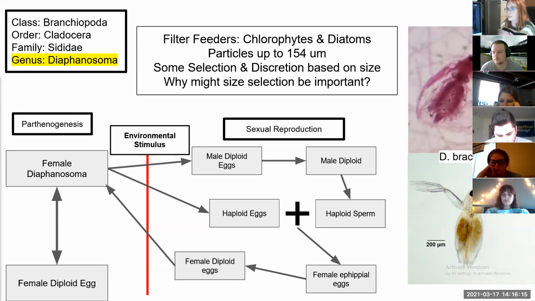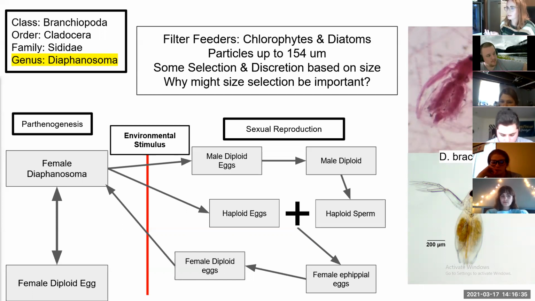So these environmental stimuli could again be something similar to diapause, where you have a disruption in temperature, all of a sudden food resources aren't good, and it chooses sexual reproduction because genetic variability would increase, which may allow the species to survive.